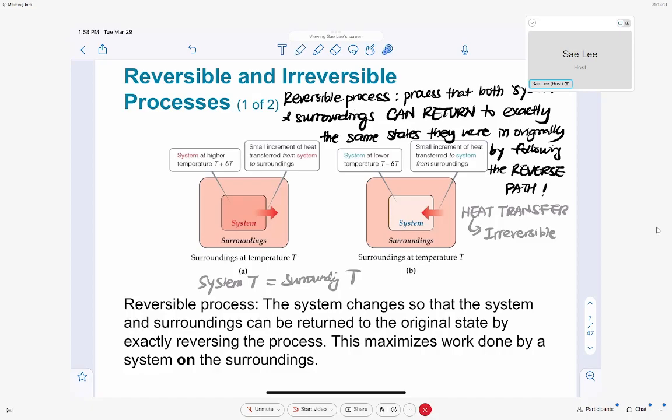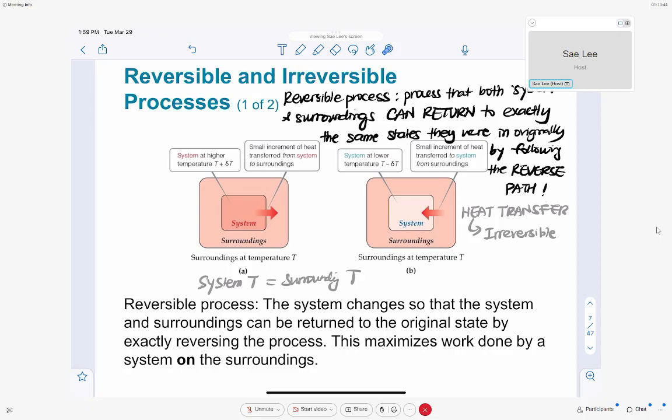they're basically the same, the equal temperature. If you increase an extremely small amount of temperature of the system, then an extremely tiny bit of heat will be transferred from system to surroundings. Okay, you are at equal temperature, but if you decrease the temperature of the system by an extremely small amount, then that tiny bit of heat will be transferred from surroundings to the system.